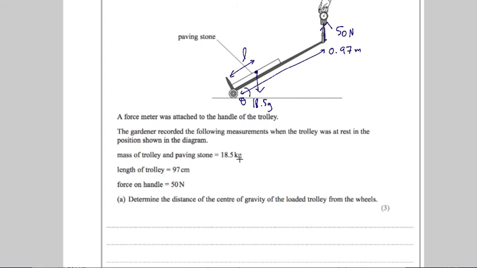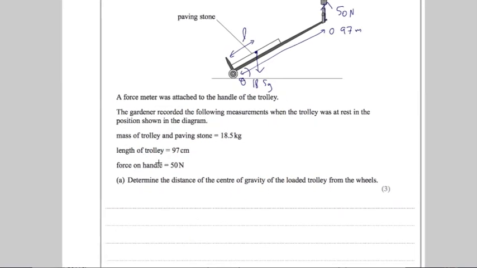And now let's look. Determine the distance of the center of gravity of the loaded trolley from the wheels. Let's just write down our principle of moments. So I'm going to resolve about the wheel. I'm going to call clockwise my positive direction, so I like to write it like this. Fix my pivot and state which direction I'm taking as positive. And then we are going to have, well, let's see.